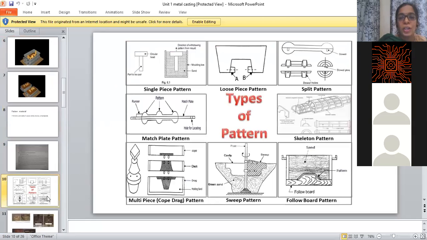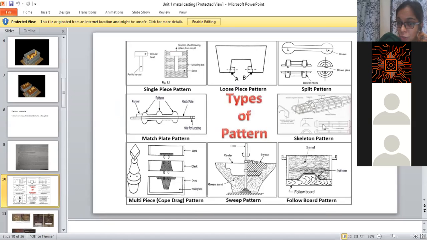The next question will mostly be on types of patterns. Please draw these diagrams clearly. The types of patterns are single piece pattern, loose piece pattern, split pattern, match plate pattern, multi-piece pattern, sweep pattern, follow board pattern, skeleton pattern.